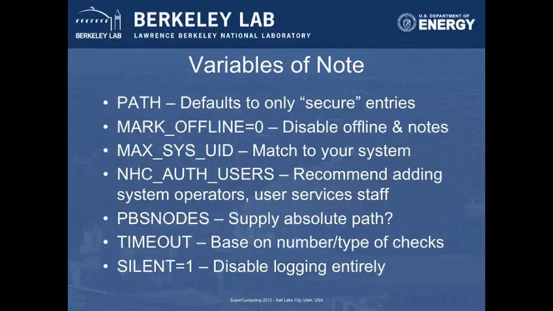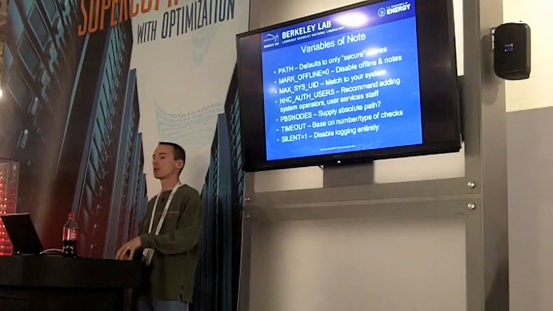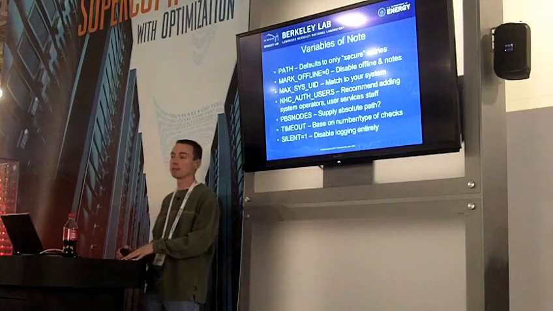I talked about this a little bit before. We have user services personnel and admins who may need to run jobs on any arbitrary node at any time. We're getting ready to activate the kill feature of one of our checks that will actually terminate processes for users who are running on a node and shouldn't be.